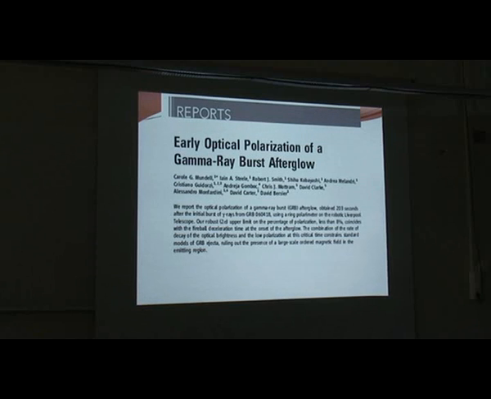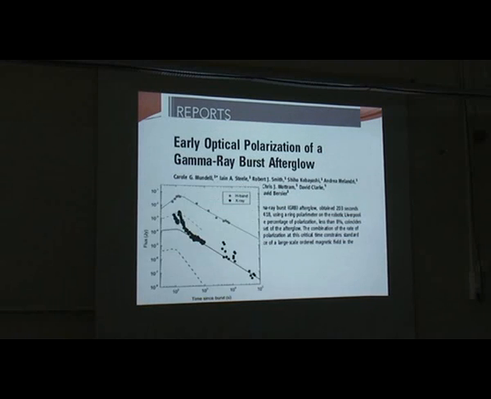Actually, I joined an Italian group to measure the polarization of the optical flashes, but never got the chance to use our time. Anyhow, there was a successful observation, not a detection, by the Liverpool telescope. They got an upper limit of about 8%. This was their measurement time.